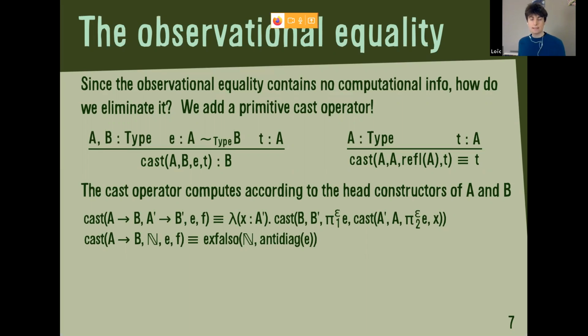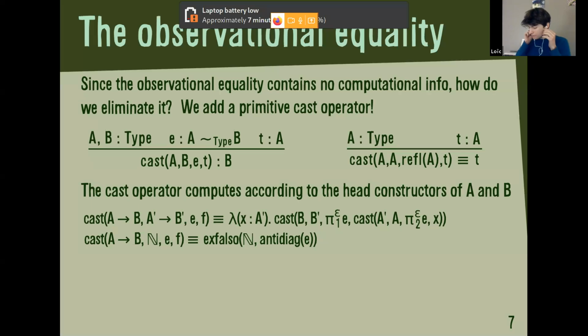For instance, if you form a cast operator between two function types, then it will reduce to a kind of back and forth function that will take its argument, cast it to the other domain, then apply the function that I forgot to write in my formula, and cast the result back to the desired codomain.